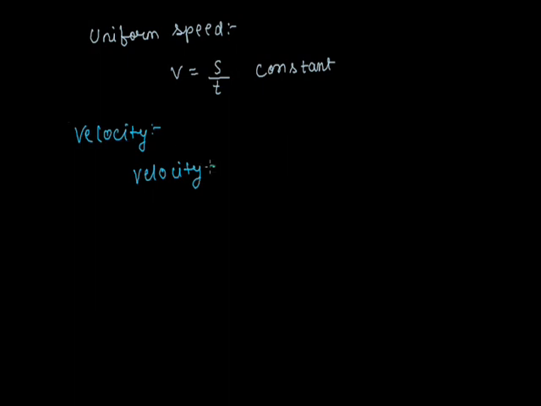The velocity is equal to displacement upon time. Its unit is the same as that of speed. Velocity and speed have the same dimensions also. Now we will talk about average velocity.